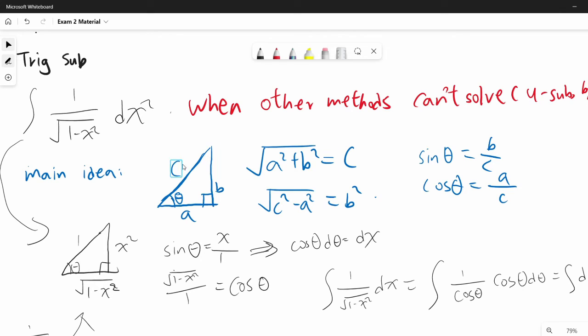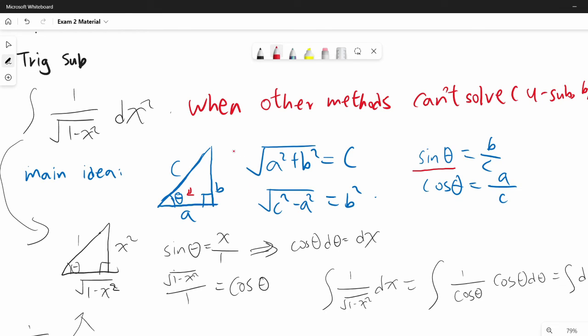It's the idea that c is equal to the square root of a squared plus b squared for a right triangle, with c being the hypotenuse, and we have an arbitrary theta here, in which sine theta is b over c, opposite over hypotenuse, and cosine theta would be a over c.